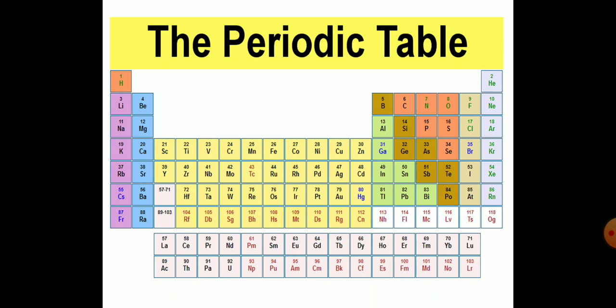Okay, now the last column, helium, neon, argon, krypton, xenon, they are called rare gases or rare elements, or inert gases, because they will not react at all. They will not chemically react at all, because they are highly stable. They will not get into any reaction.